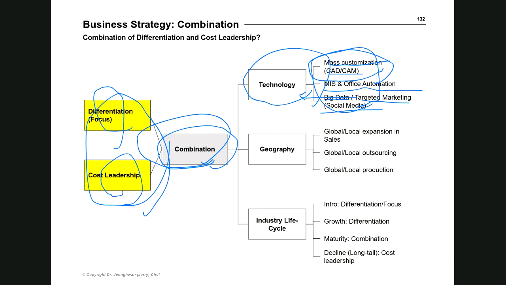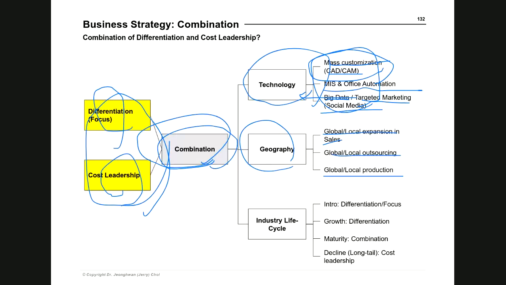Good. And geography: global and local expansion in sales, global and local outsourcing, global and local production, global and local supply chain management, or customer relationship management. Whatever, MIS, whatever. So geography can give us both a differentiation advantage and a cost leadership advantage at the same time.